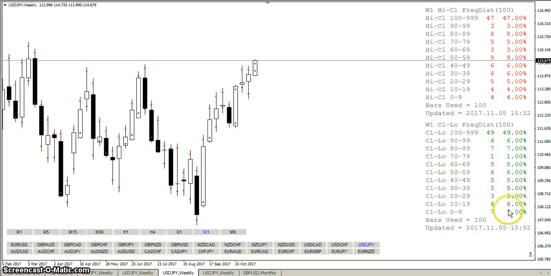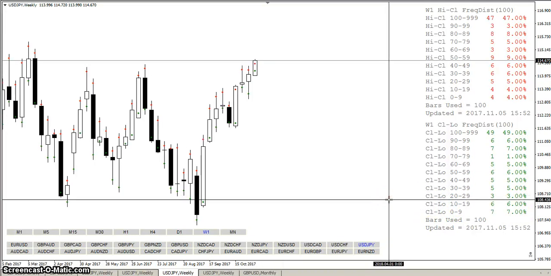In other words, 7% of the time, price is going to close between 0 and 9 pips of the low. 6% of the time between 10 and 19. So you add those two together, and that's about 13% of the time it's going to close less than 20 pips from the low.